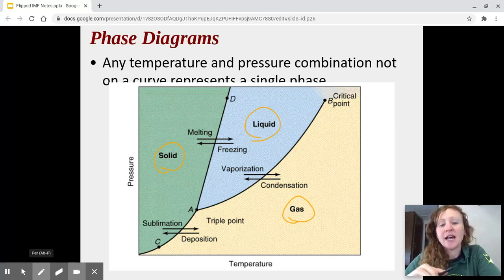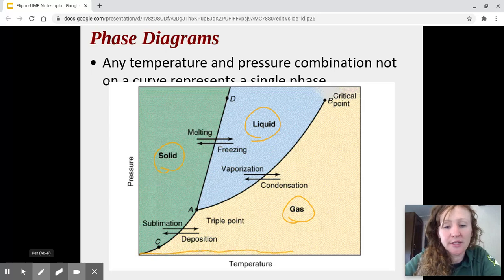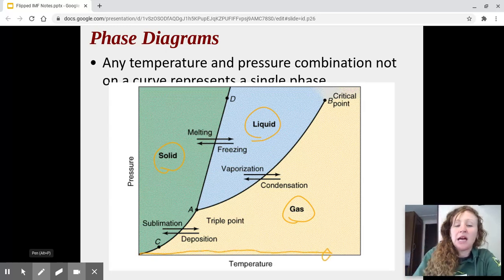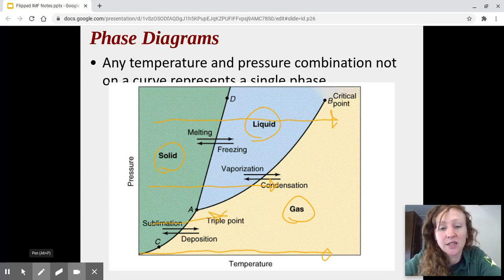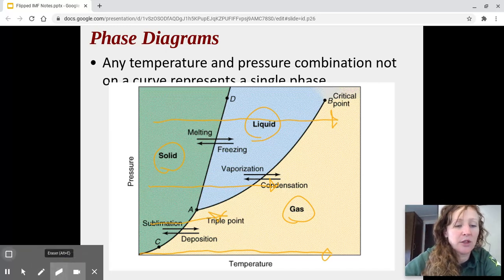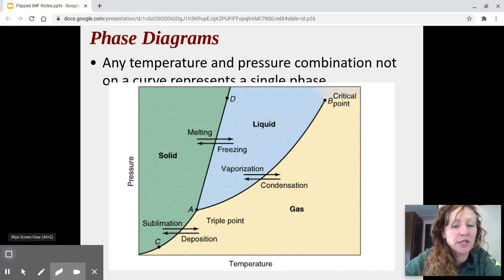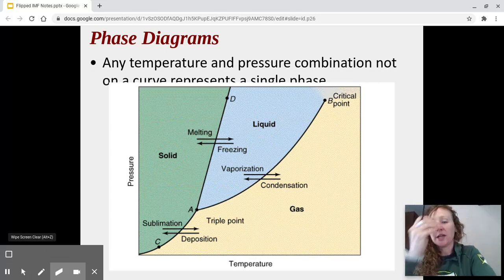First of all, solids, liquids, and gases are always in very consistent places. So notice as temperature increases, if we pick a line of pressure, we usually go through solid, then liquid, then gas. There's a couple points which we don't. We go straight from a solid to a gas, and that depends on the pressure that we look at. But usually we're going to go through solid, liquid, and gas.